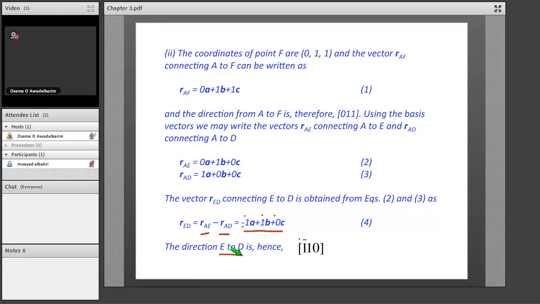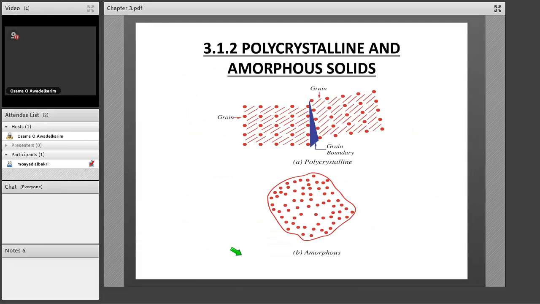So single crystals are only one type of crystals. The remaining two types of solid structures are the polycrystalline and the amorphous solids. Polycrystalline: poly means many.